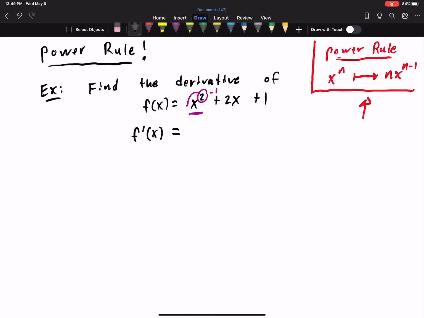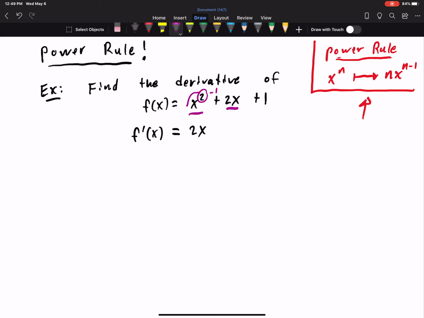That gives you 2 out in front of the x, and then 2 minus 1 in the exponent gives you 1. Technically, we don't need to write that 1 in the exponent because x to the first power is just x, so you can just write it as x. But if it's helpful for you to keep it there, that's fine. Now, that was the first term.